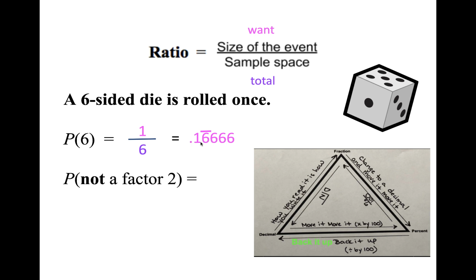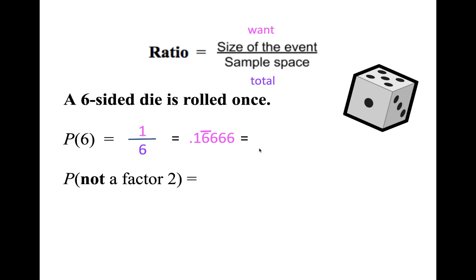So if we move it once, that's multiplying by 10. If we move it twice, that's multiplying by 100. I get 16.66666. That 6 is going to repeat percent. So I can bring that notation bar back in, and then I don't need all those other 6s, but I got to make sure I bring my percent sign in because this means for every 100. So fraction, decimal, percent. This fraction again can be called a ratio as well.